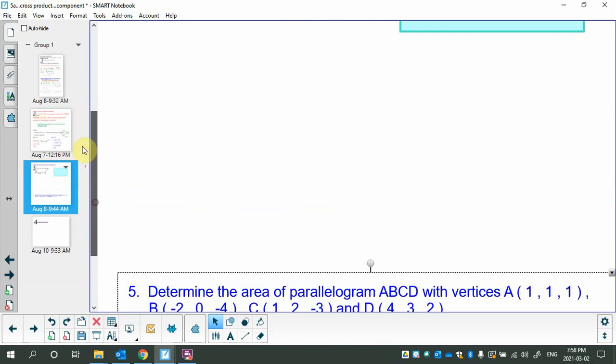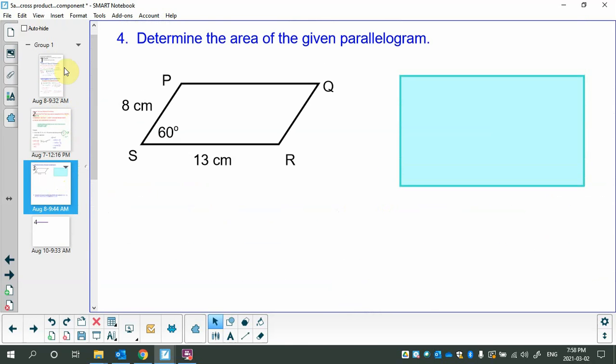So here is a parallelogram. And I haven't given you any components. I haven't even given you any coordinates. All I've done is I've said that the length of this side is 8 centimeters and the length of this side is 13 centimeters.